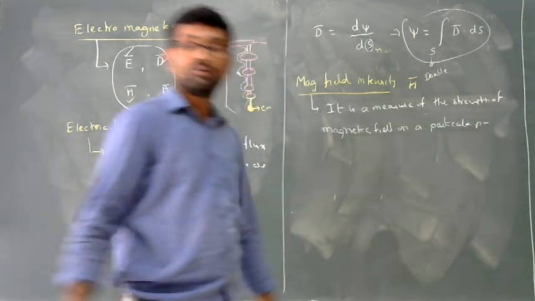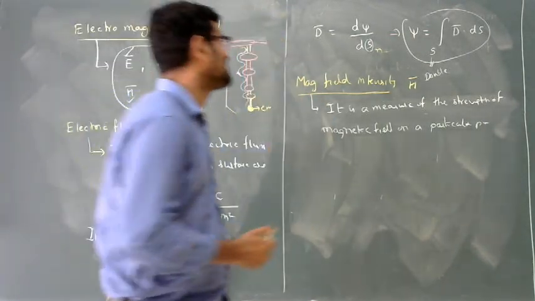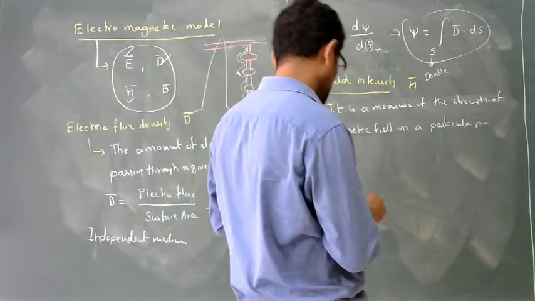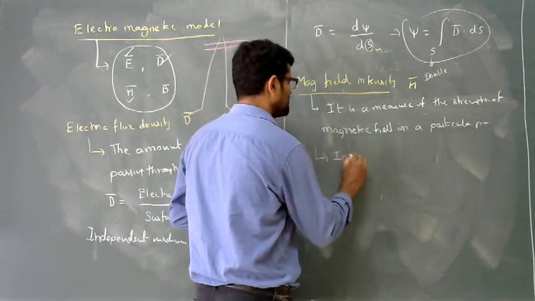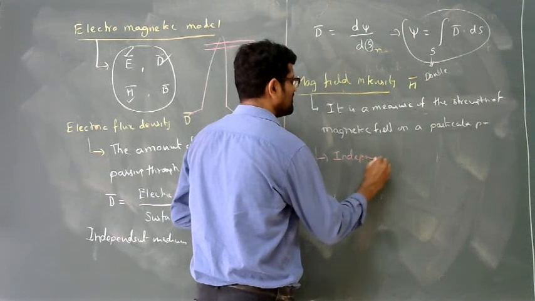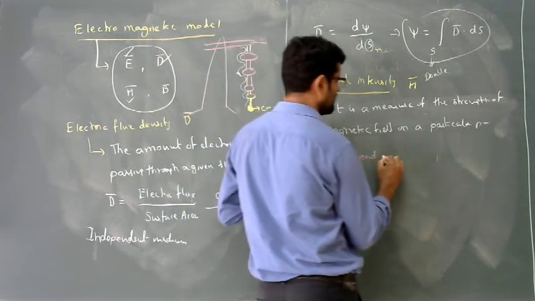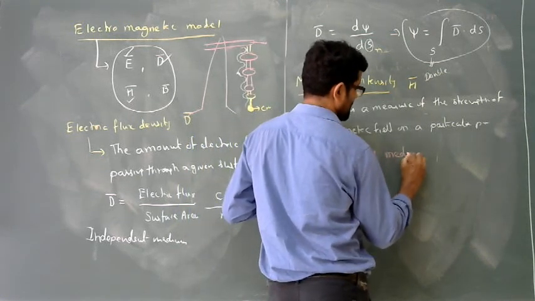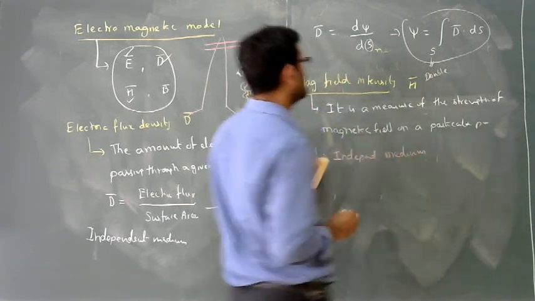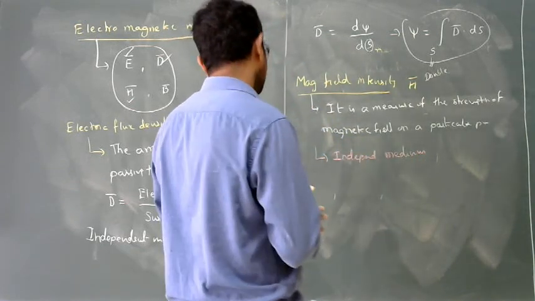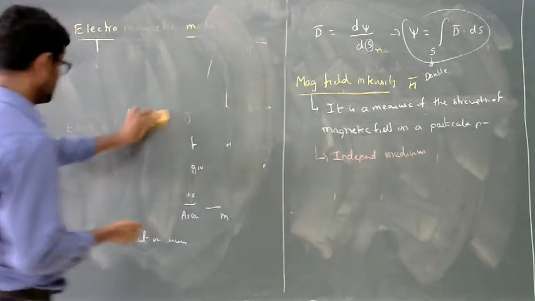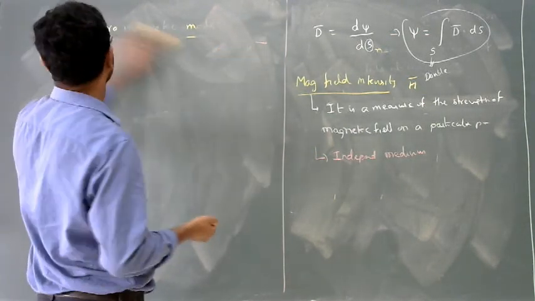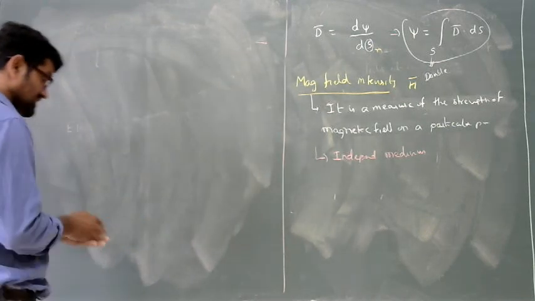If you observe the strength of the magnetic field, that is defined by the magnetic field intensity. This magnetic field intensity is independent of time and independent of medium. That's about magnetic field intensity. Next, magnetic flux density.